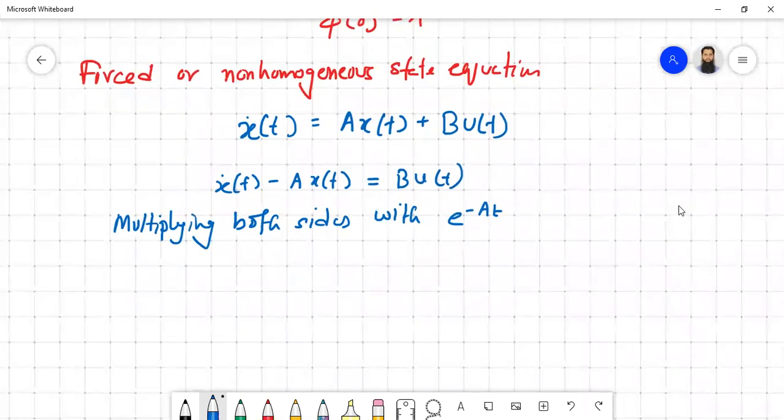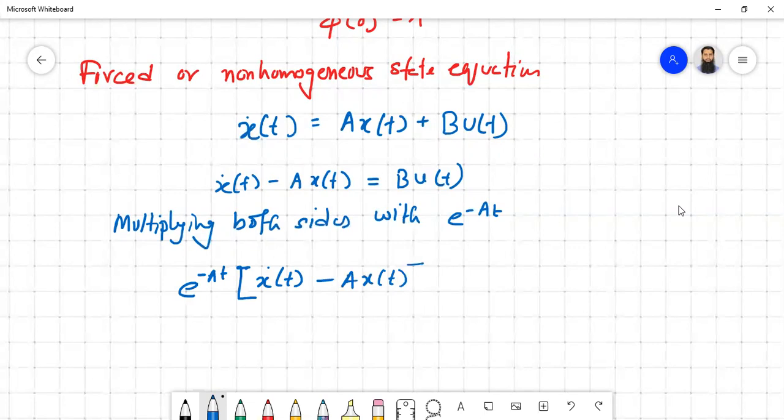So this will give us something like this: e to the power minus A t times x dot t minus A x t equal to e to the power minus A t B u t.